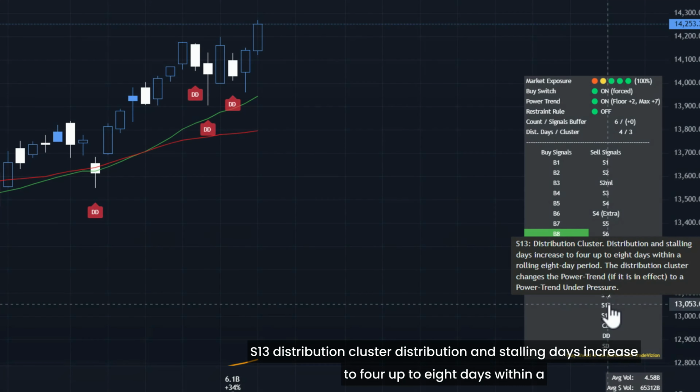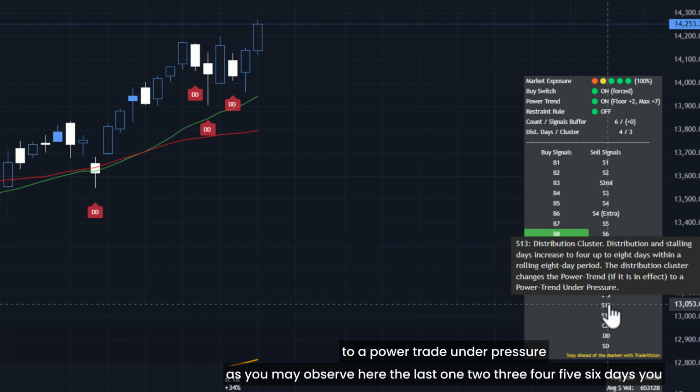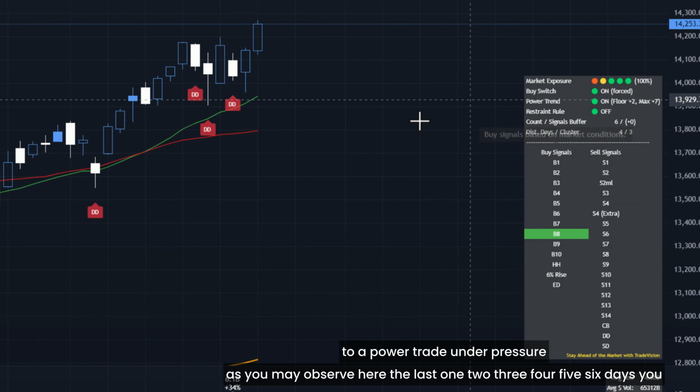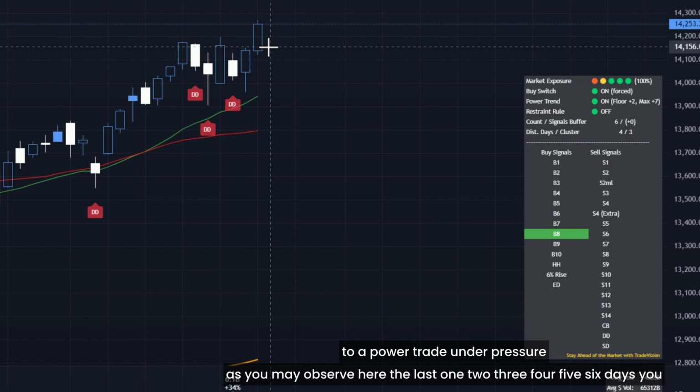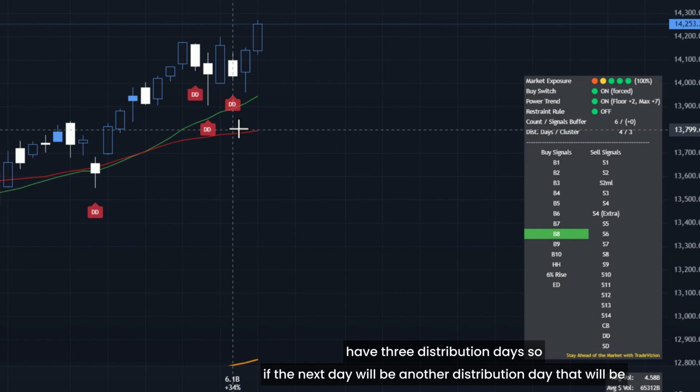S13, distribution cluster. Distribution and stalling days increase to 4 up to 8 days within a rolling 8-day period. The distribution cluster changes the power trend, if it is in effect, to a power trend under pressure. As you may observe here, in the last 6 days you have 3 distribution days.